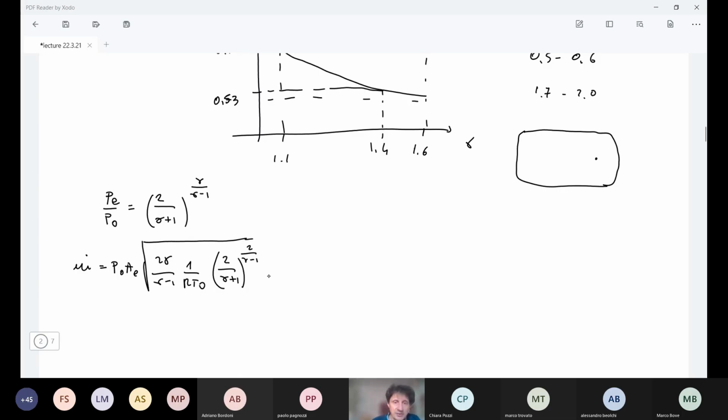And then we have square brackets 1 minus 2 over gamma plus 1, to the power gamma minus 1 over gamma, with gamma over gamma minus 1. That cancels. So it becomes simple. The term in square brackets is 1 minus 2 over gamma plus 1.